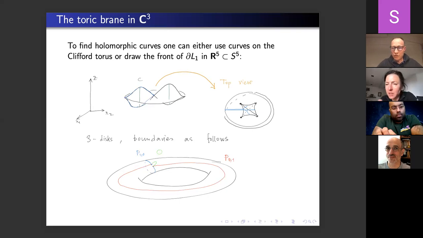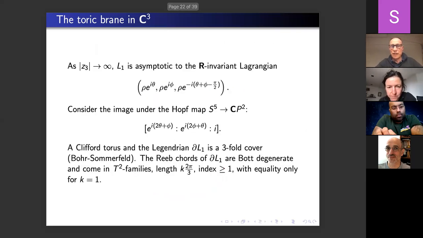What did they look like in the original? Right. In the original C3, what did they look like? In the original C3, one picture of these curves is, if I draw something, another familiar picture of this torus is this moment polytope style torus, where I draw CP2 like that.